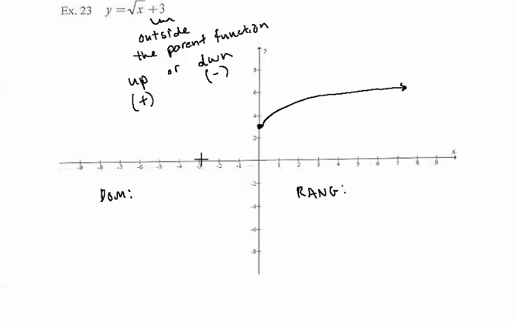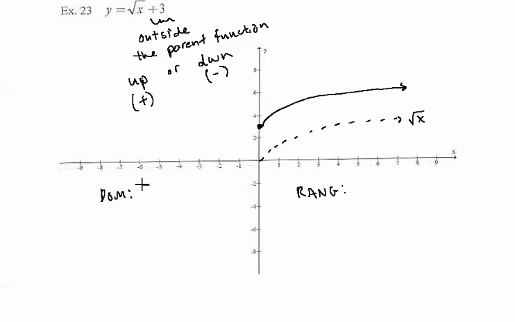So, with respect to this, which is just the parent function, square root of x, have we shifted it left or right? Have we changed the x values that we're allowed to put inside the square root, or not this square root, but this function y equals the square root of x plus 3? And the answer to that would be no. We didn't shift it left or right.